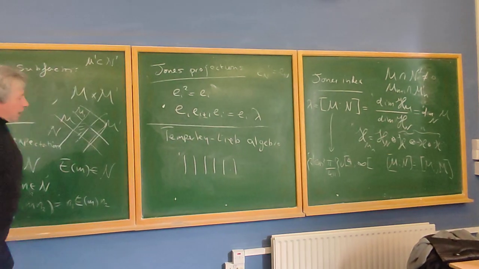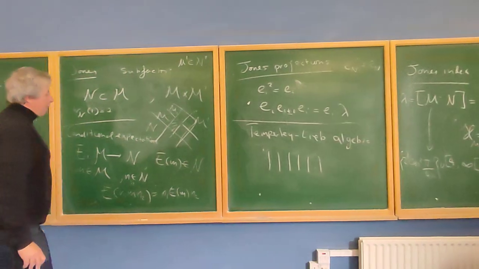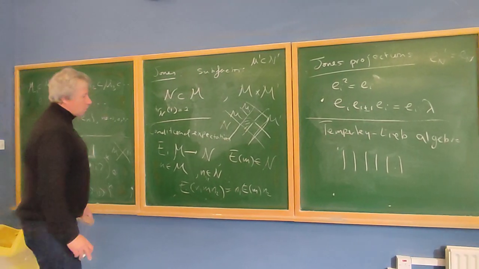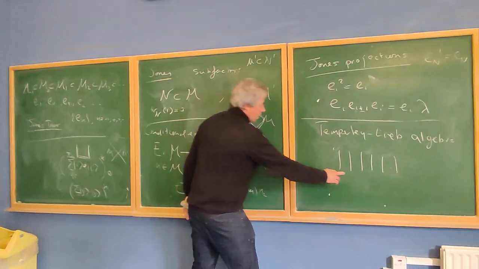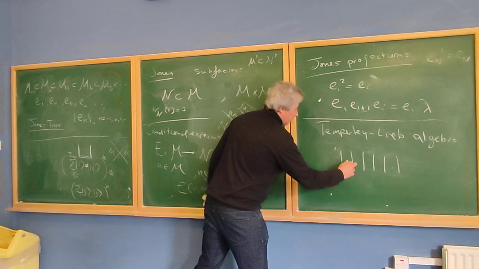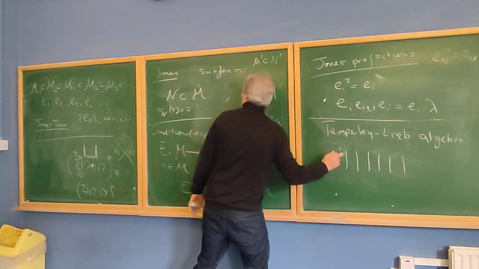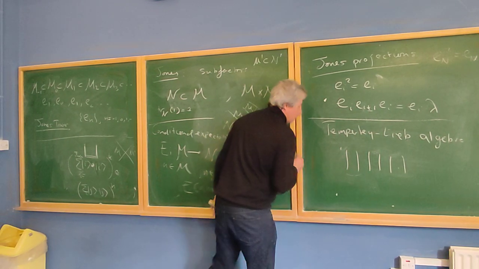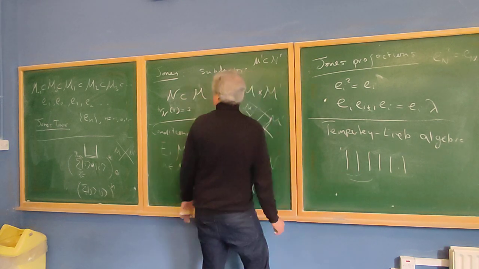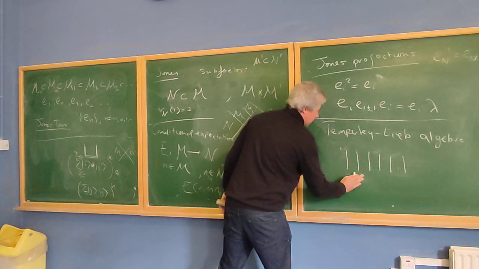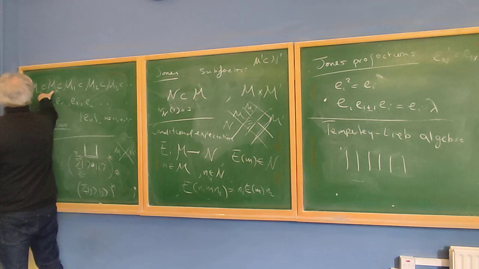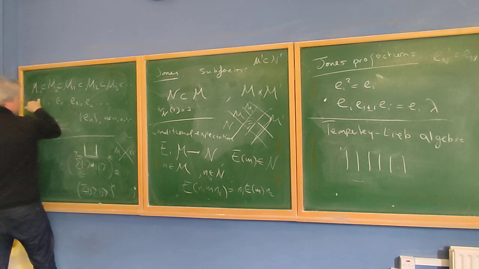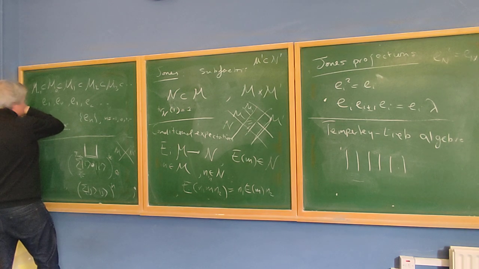So each one of them is a factor, but then the projector, how do we think about this? Suppose these are the first two here. This is N minus 1 and N0 here, N1 here and N3 here.